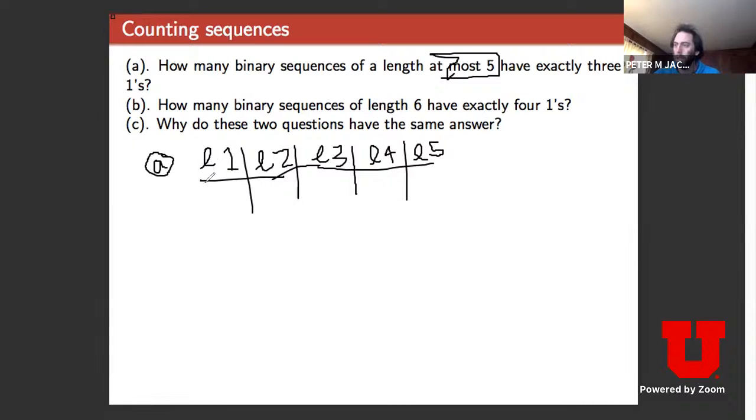There's only one binary value in a binary sequence of length 1, so there can't be exactly 3 ones. So 0. How many binary sequences of length 2 have exactly 3 ones?